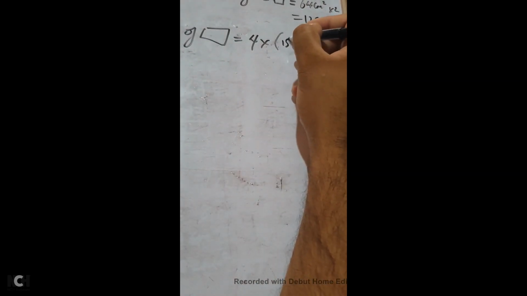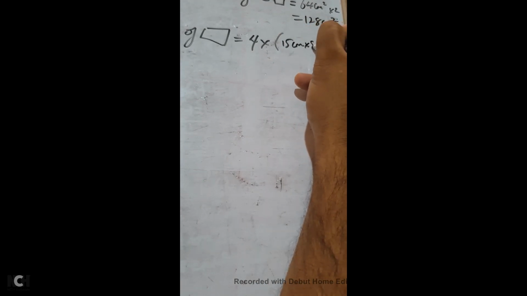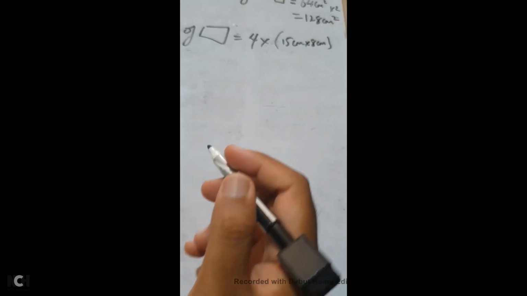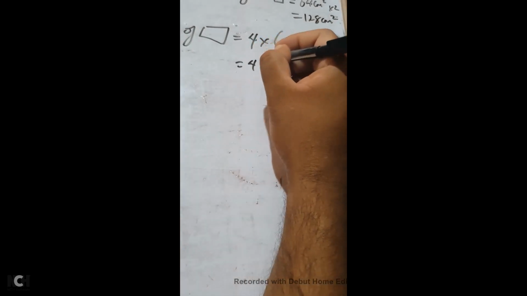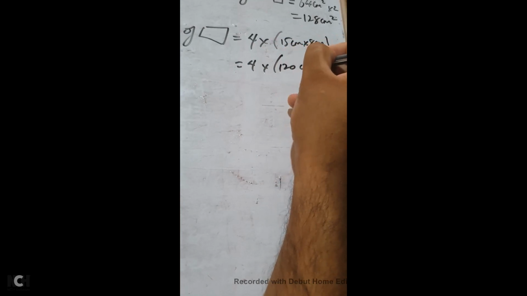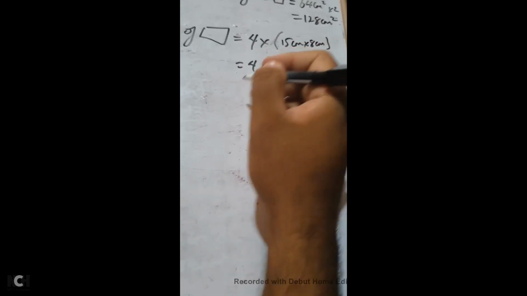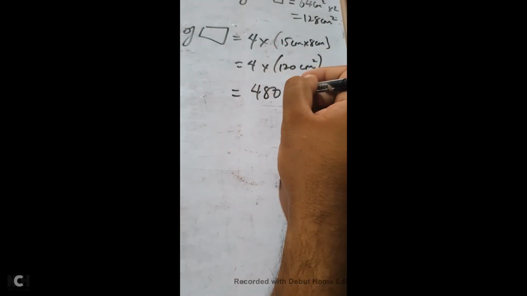So it's 15 centimeters multiplied by 8 centimeters, right? So 15 by 8 will give us 120 centimeters squared, of course, and then this multiplied by 4 will give us 480 centimeters squared.